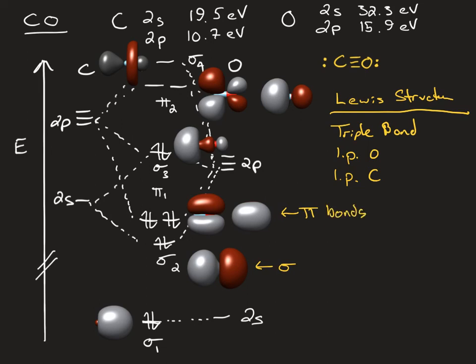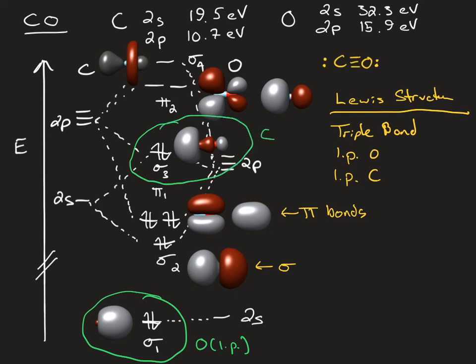Okay. Your lone pairs are sigma 1, so there's your oxygen lone pair, and sigma 3. So there's the carbon lone pair. And as you can see, these are not exactly perfect analogies. So with that sigma 3, there's a significant amount of oxygen character in that molecular orbital. However, it's dominated by the carbon. So we can call it a carbon lone pair to a first approximation.